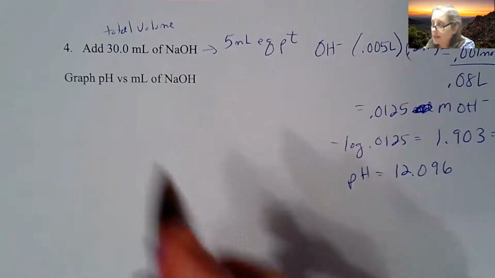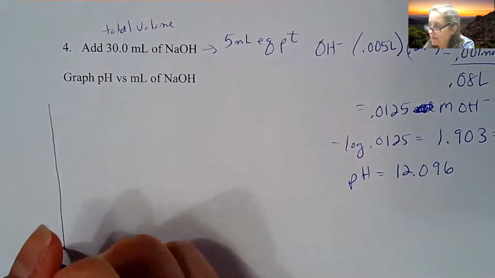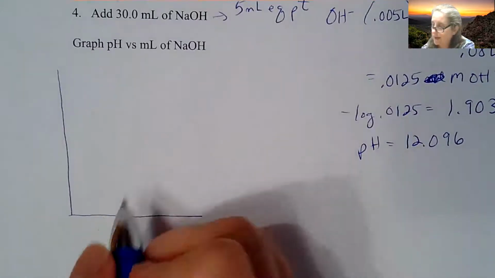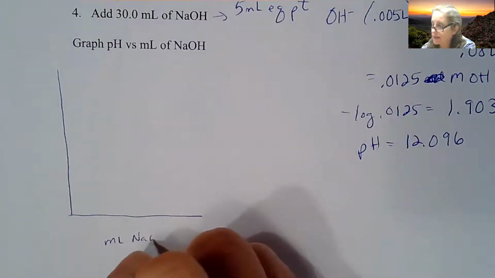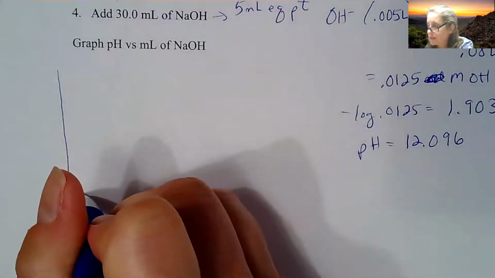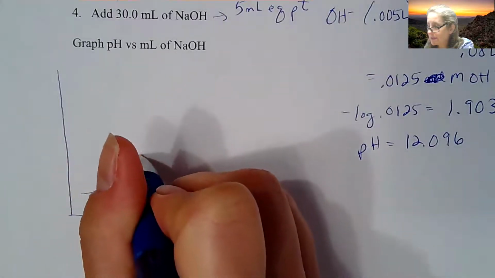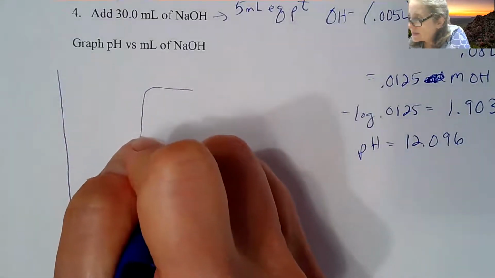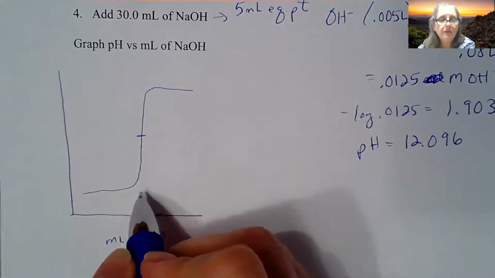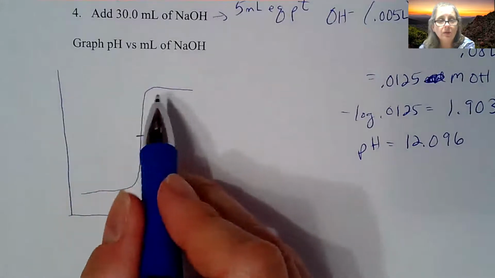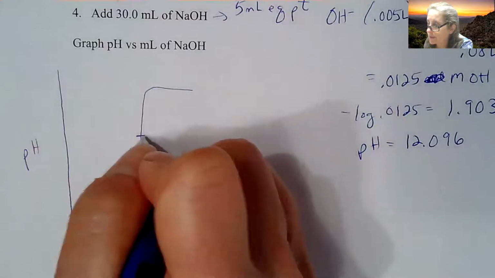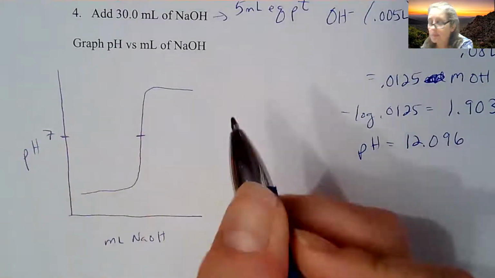So for these types of equations, I am going to have you draw some titration curves to kind of show me what the data gives you. So again, you have a pretty flat bottom here, and then it goes up, and then it flattens out at the top. And then somewhere in the middle of these two, if I were to draw a line across and a line across, and again, I did this by hand, so it's probably not perfect, it should line up to a pH of 7.